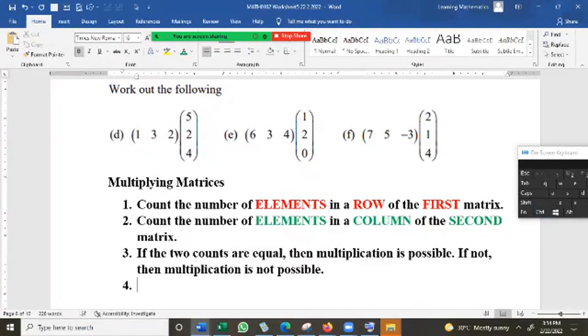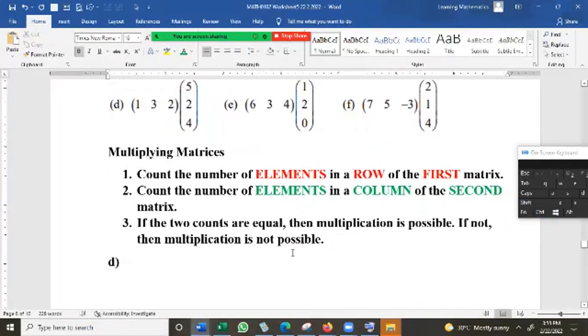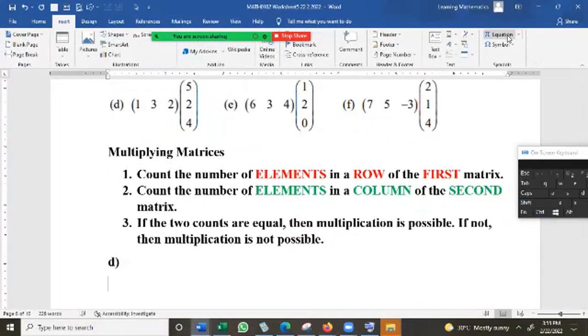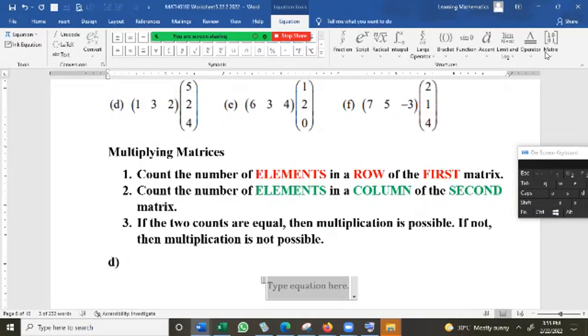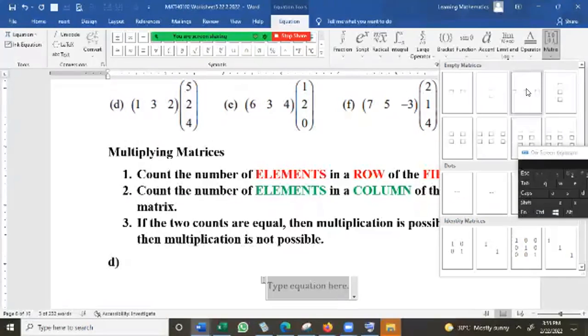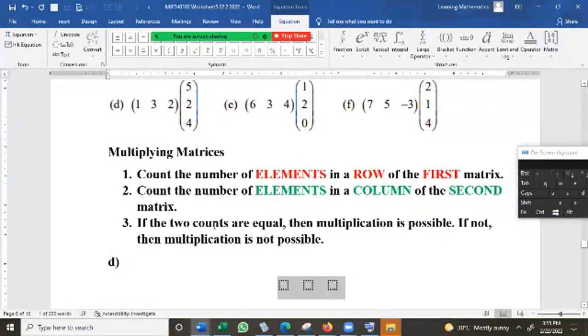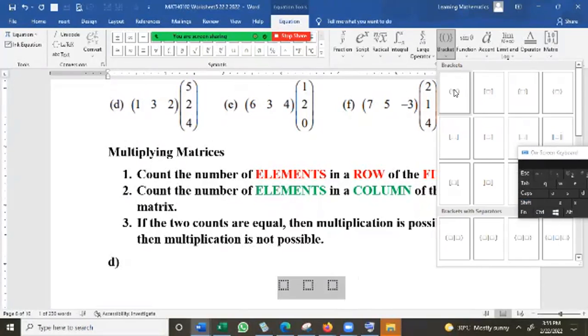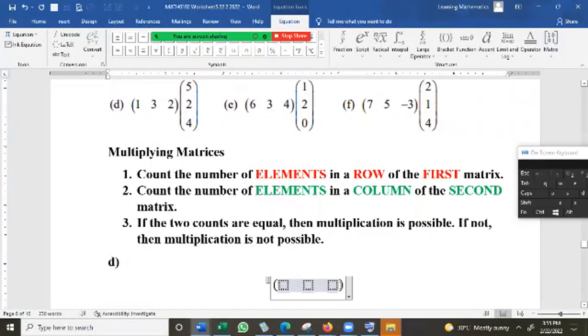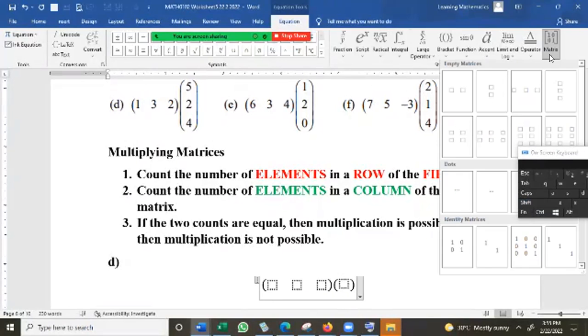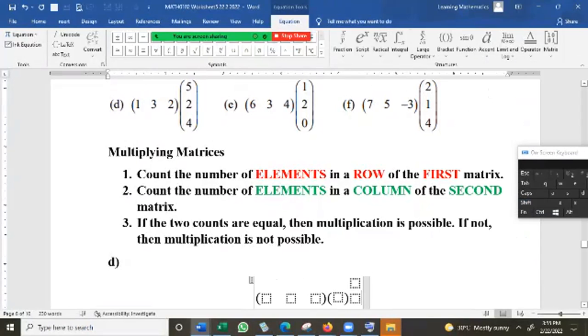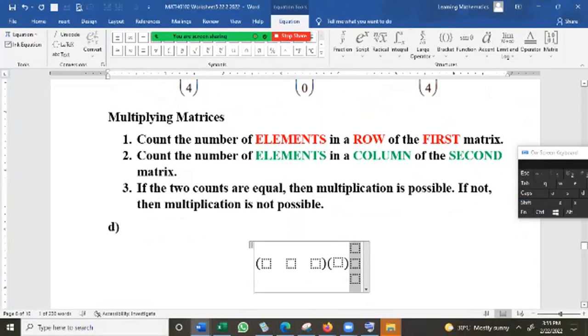So take, for example, we have D. We have a row matrix times a column matrix.